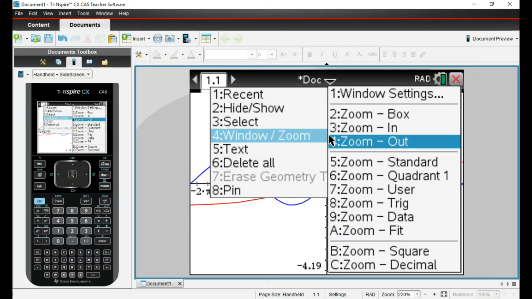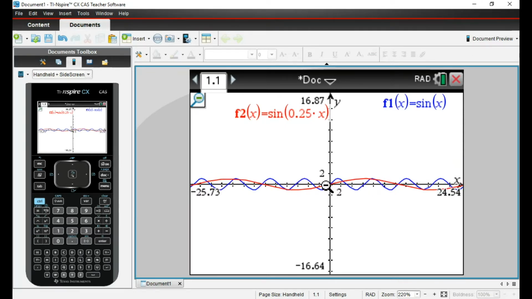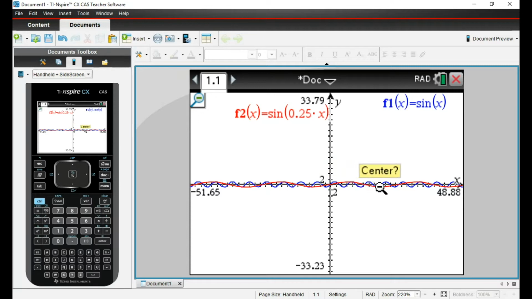But if I zoom out, you can tell now that this goes up, down, up, down. It's just a lot slower. One period here is actually 8 pi. And I'll show you how to calculate all of that.